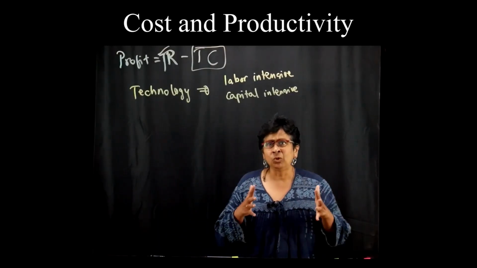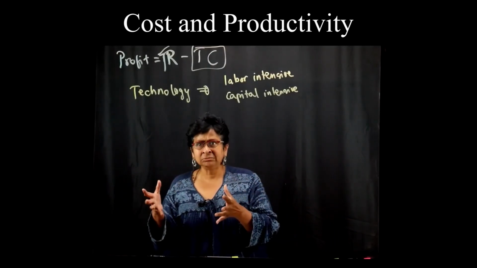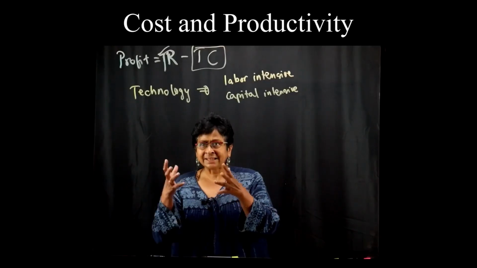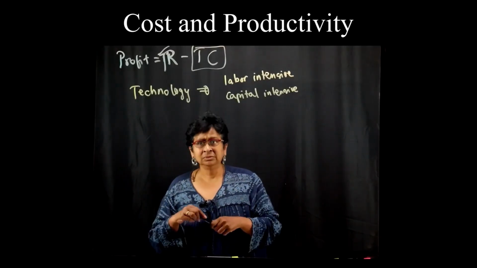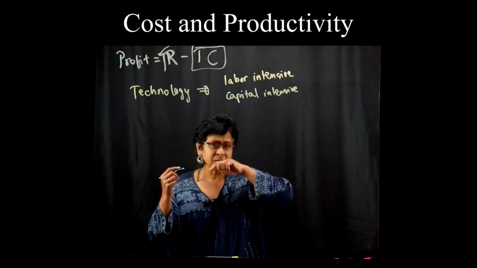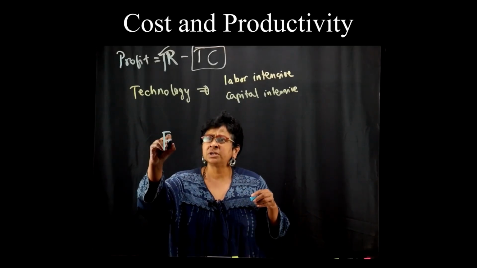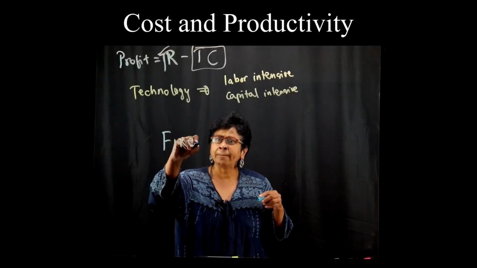And the way capital works is that you have a machine, and very often, not uniquely, but very often, that capital is going to generate what I'm going to call fixed costs for you.